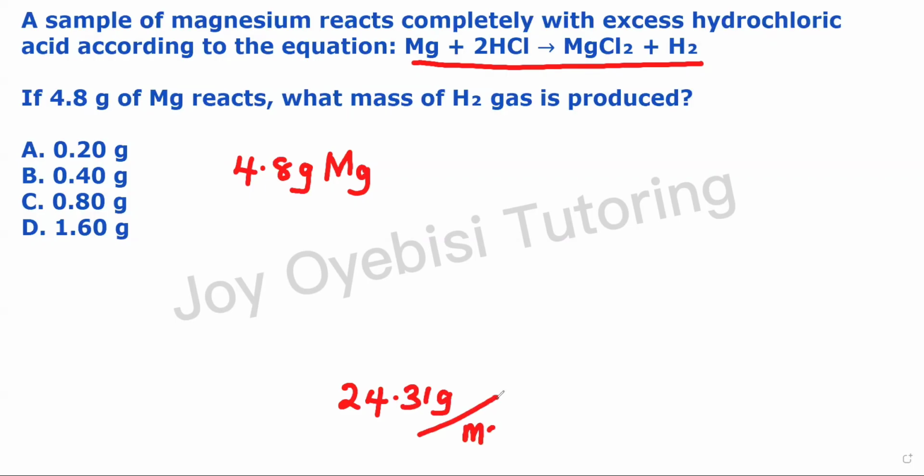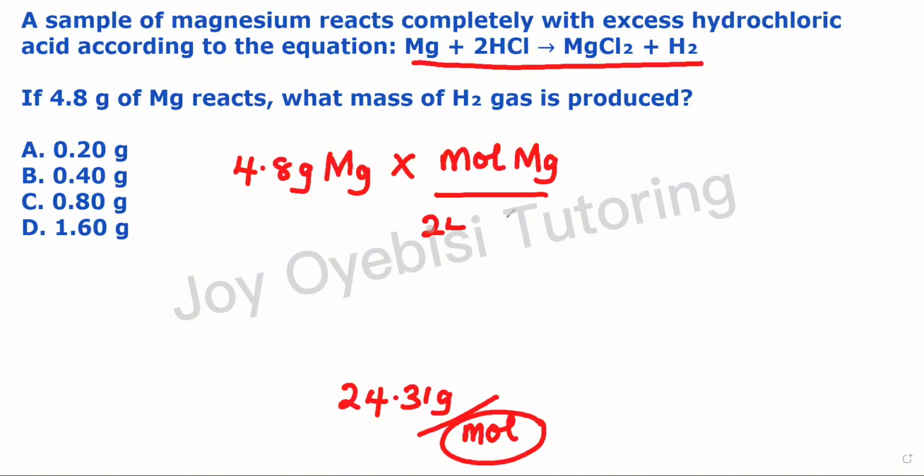Because we want to convert this to moles, we're going to put this mole on top, times mole of magnesium, divided by the 24.31 grams of magnesium. This is the dimensional analysis method, okay?